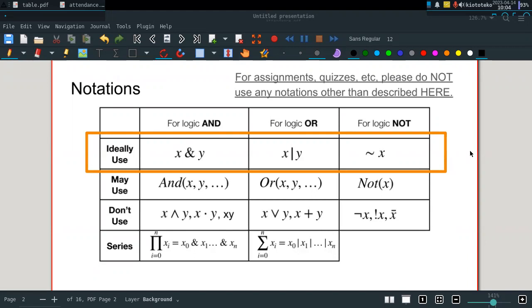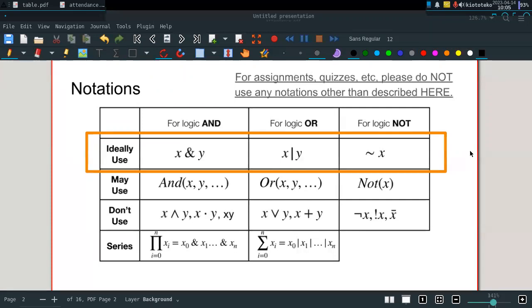But the reason we are making you use these operators in the first row is because it is easy to use them with our keyboard. It's not that easy to put this symbol or this one on our keyboard. And not only that, but for our autograder, this is the way we are evaluating expressions. So please just use these operators that are in the first row, as that would allow us to autograde and make evaluations easier for us.